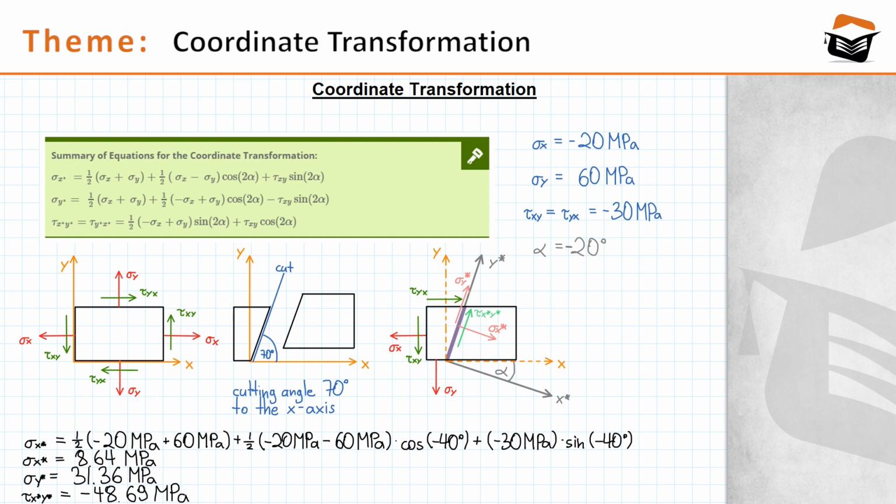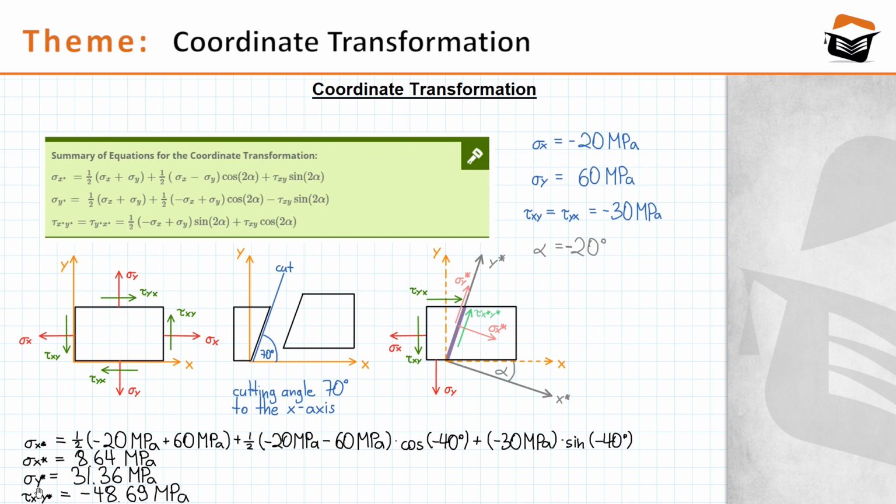We have computed the values for normal stress and shear stress in the rotated coordinate system, and now you might be wondering, what do we make of these stress values? Let me tell you. If you have your two separated body parts that are held together by glue, weld, or screws, you know that the normal stress in x star direction, meaning in the direction perpendicular to the cutting area, must be 8.64 megapascal.